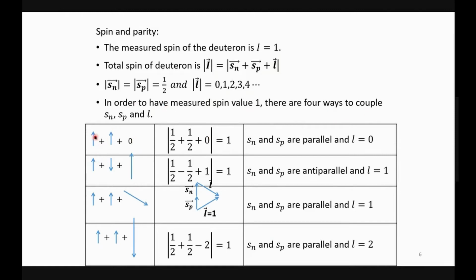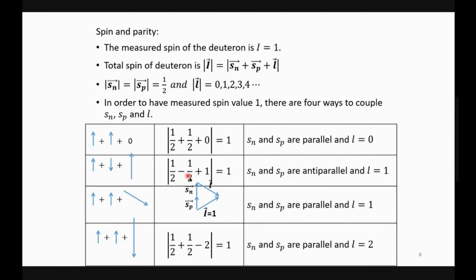So it could be both up, the spin angular momentum plus half, plus half, and the orbital angular momentum 0. So that makes the total spin 1. Sn and Sp are parallel, and L is equal to 0. Or it could be the other way around: Sn and Sp are anti-parallel, and L could be plus 1.